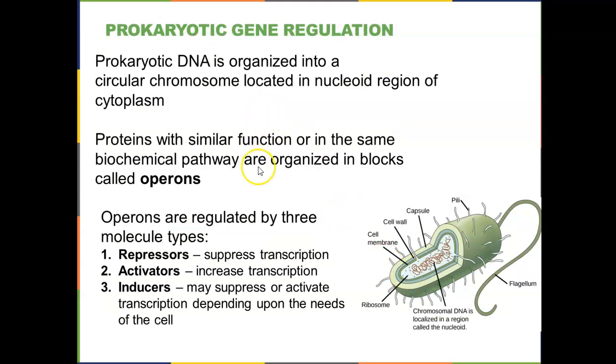A very important idea in prokaryotic DNA organization is the idea of an operon. Operons are a group of genes having to do with the same biochemical pathway that are organized, as it says here, as a block, and all regulated by the same promoter region.